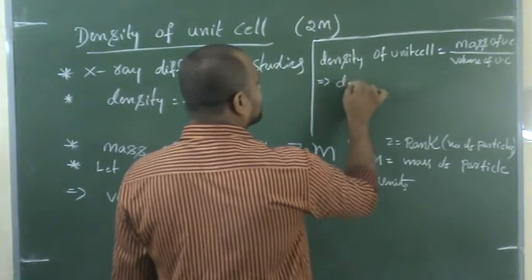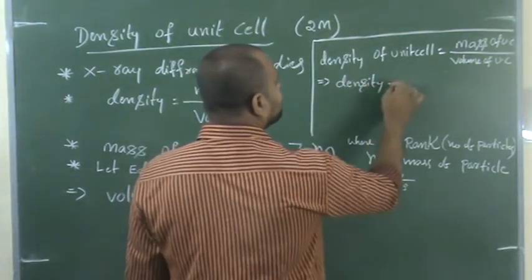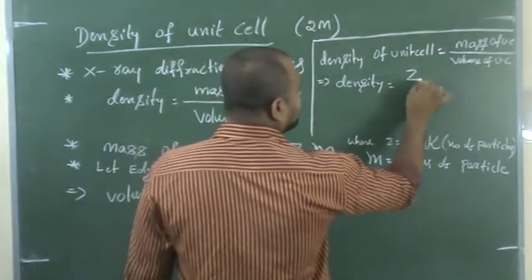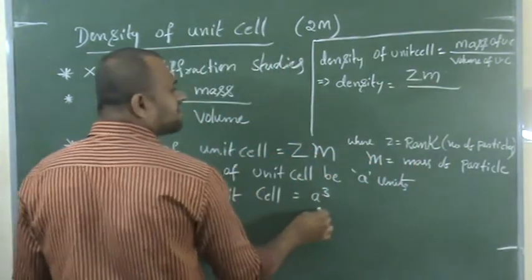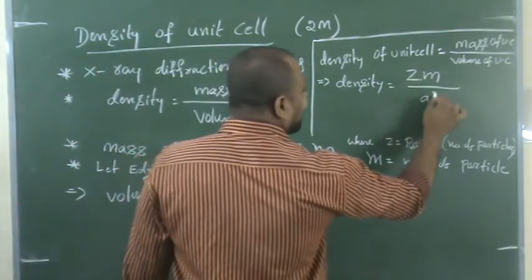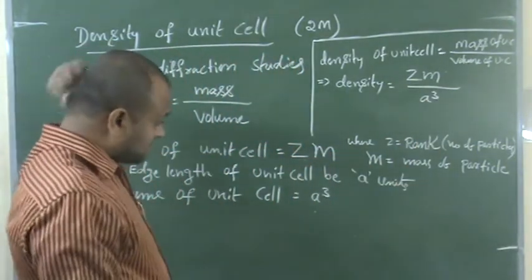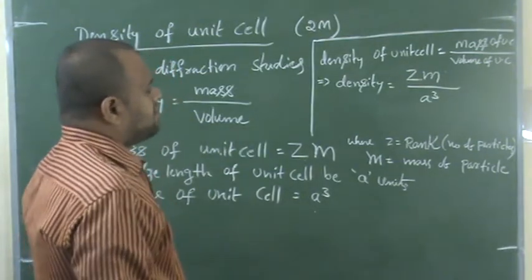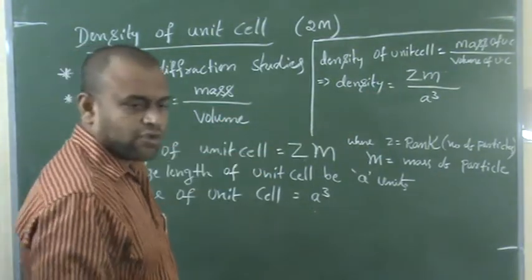That implies density of the unit cell is equal to, what is the mass of the unit cell? Zm. By what is the volume of the unit cell? a cube. Right? So density is Zm by a cube.